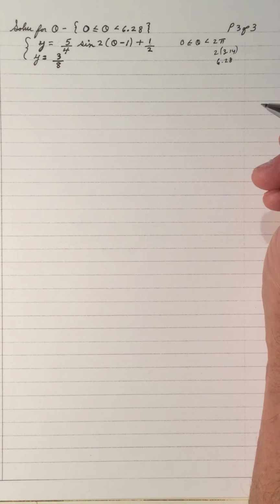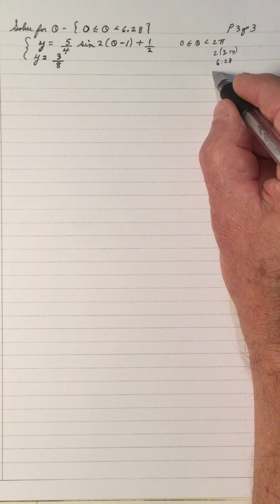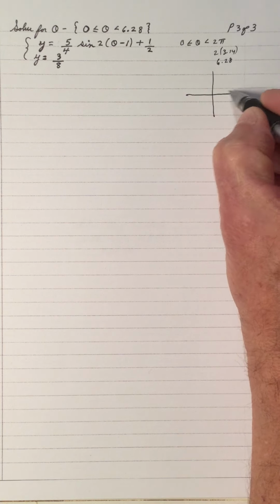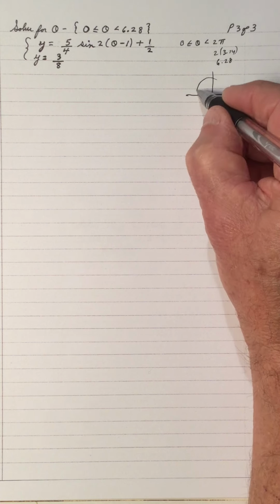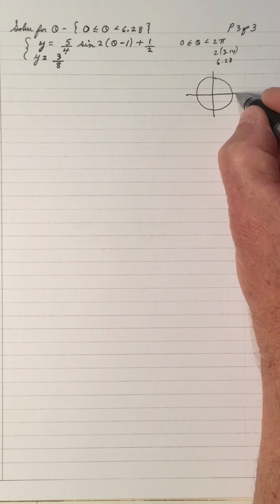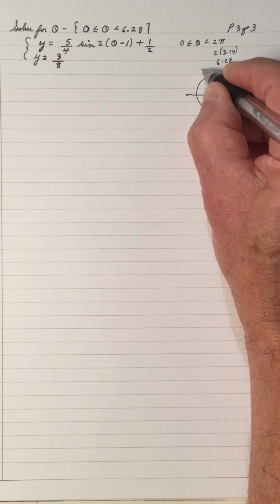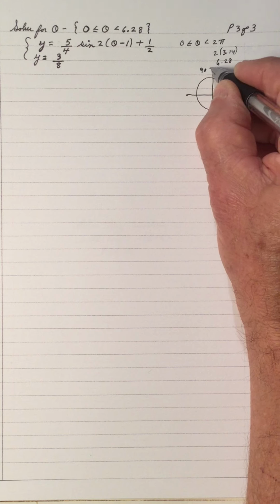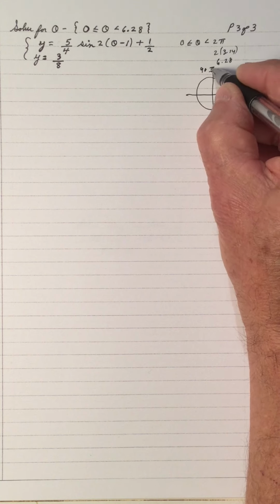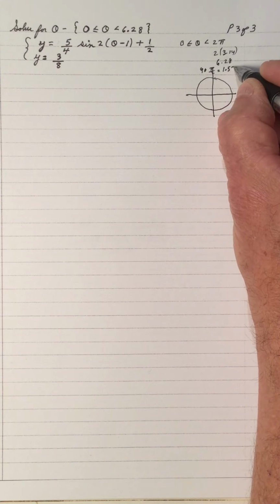So if we're thinking that way, we look at the unit circle. We think of a 0 degree, we think of a 90 degree, which is pi over 2, and pi over 2 is 3.14 divided by 2, which is 1.57.